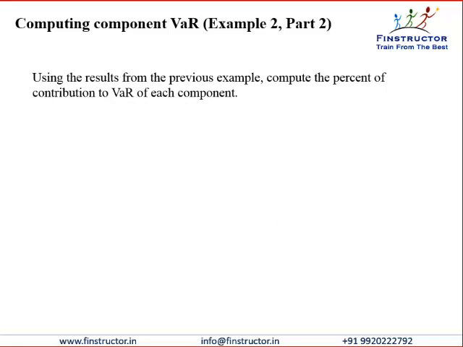Using the results from the previous example, compute the percent contribution to VAR of each component. So again it will be the component VAR of A that we calculated divided by the component VAR of A plus the component VAR of B, because the sum of the component VARs gives us the approximate total VAR.